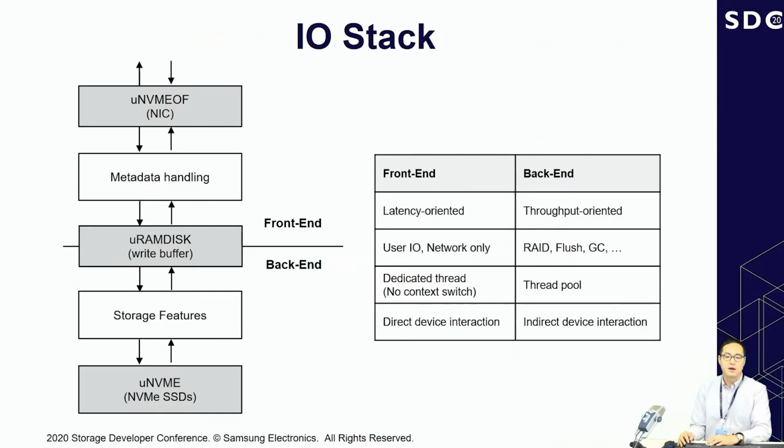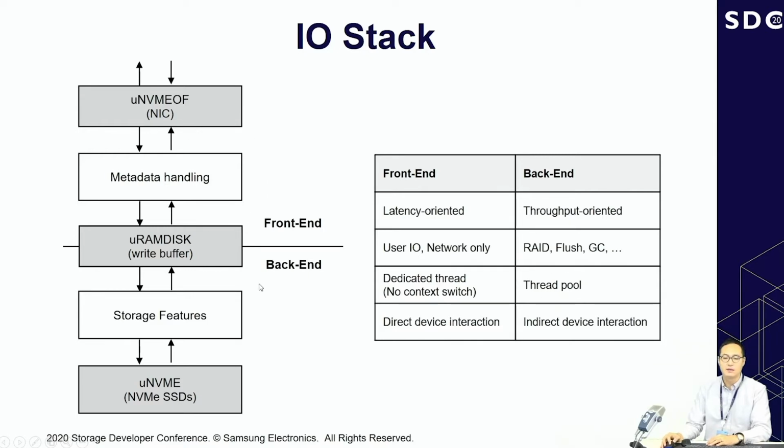This is the brief I/O stack of the software solution. It consists of two parts, front end and back end. Front end is optimized for minimizing latency of user I/O, while back end is optimized for maximizing throughput among multiple SSDs. Only mandatory jobs for user I/O through the NVMe Fabric interface are performed in front end.